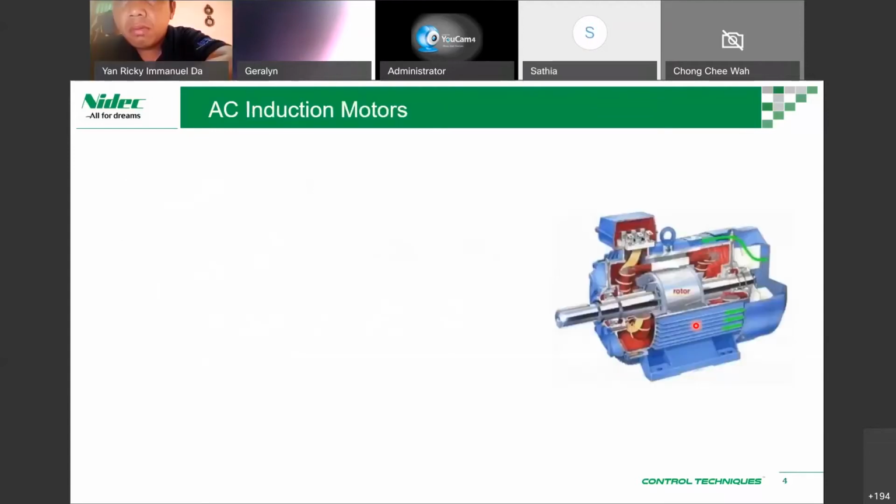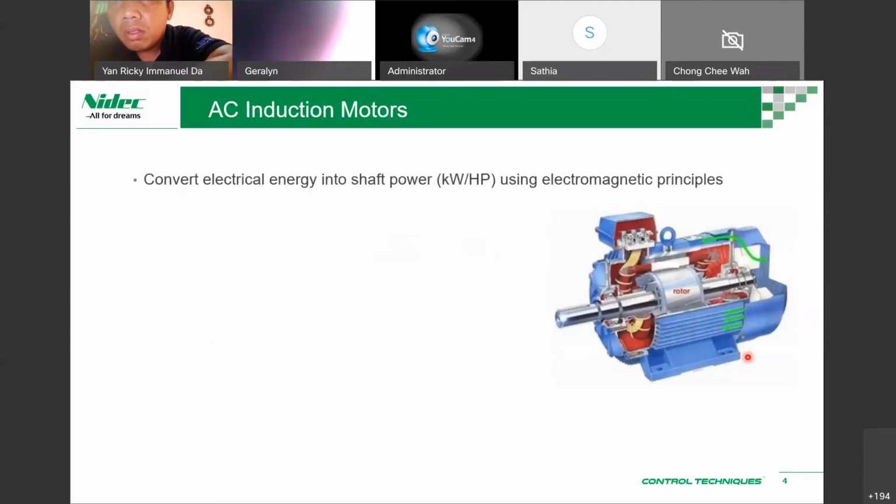On our right, we can see a motor cutaway. Some of us may be familiar with this motor setup, and some of us are looking at it for the first time. So I'll go through the parts one by one. As I said, it converts electrical energy into shaft power or mechanical power using the electromagnetic principle.